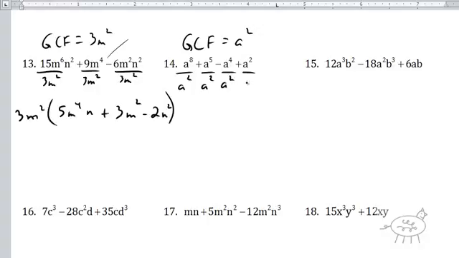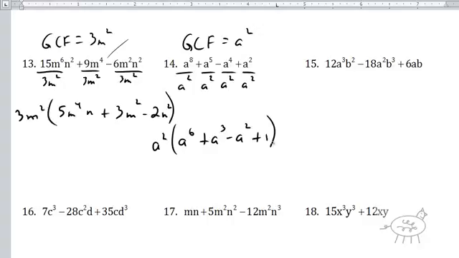It's really difficult sometimes when you don't write that out. I think it gets complicated. So a to the 8th over a to the 2nd is a to the 6th. Remember, you subtract. And then 5 minus 2 is 3, plus a cubed. A to the 4th over a squared is a squared, and a squared over a squared is 1.